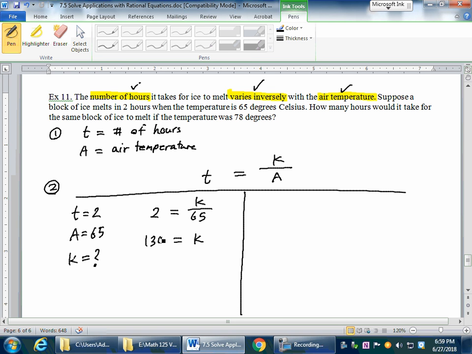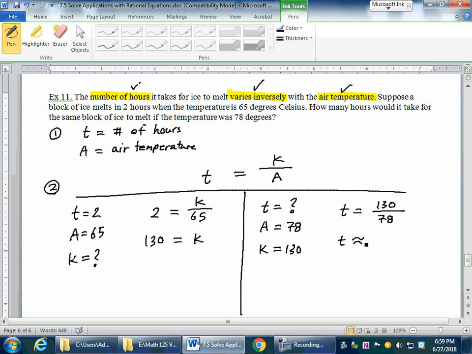Now, using this k to find out the rest of the information, it's asking you to find how long it takes, right? So my T will be question mark when the air temperature is 78 degrees. And we know that k will be 130 because it's the same block that we talked about. So plug it into the formula, that will be T is equal to 130 divided by 78.